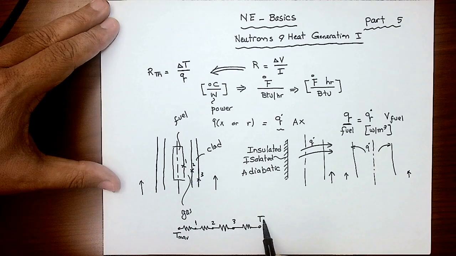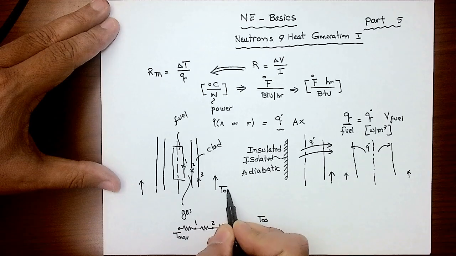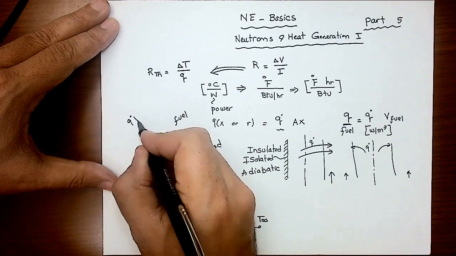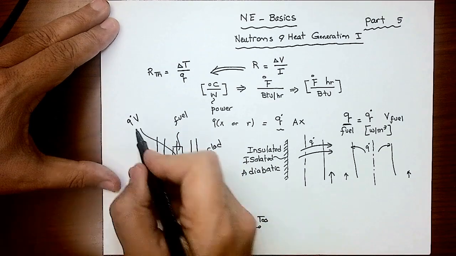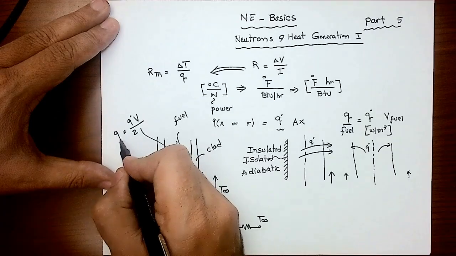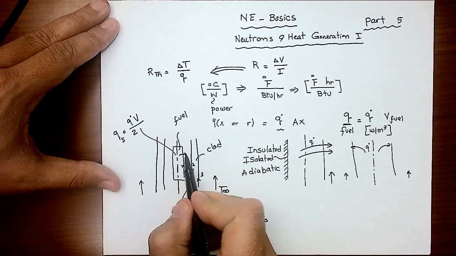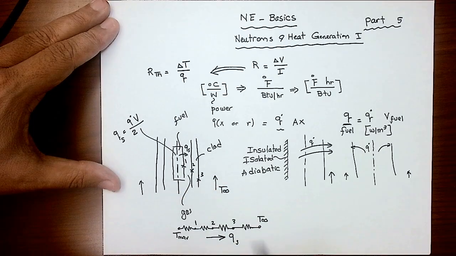Then this is T infinity of the coolant, right? And you know that there is Q_s going through here. You take that Q dot times the volume of the fuel. There is symmetry. Half of that number will give me Q_s, right? I'm going to split it equally. That's Q_s. That's going to come all the way through that resistance.